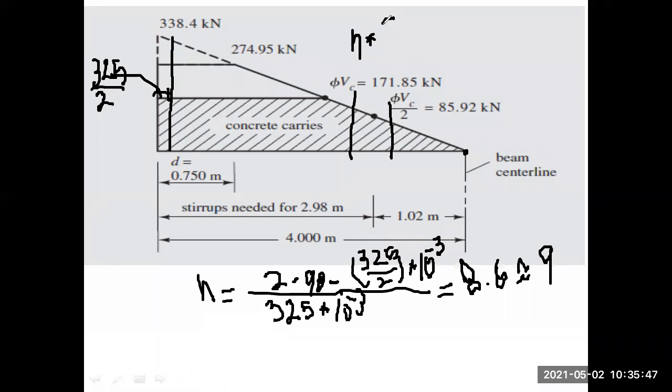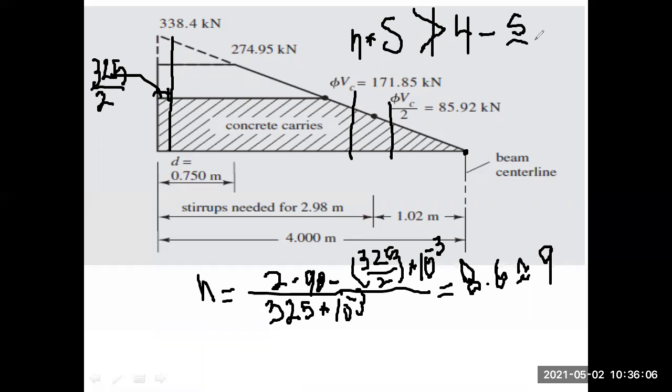times the spacing should not exceed 4 meter minus this s over 2.